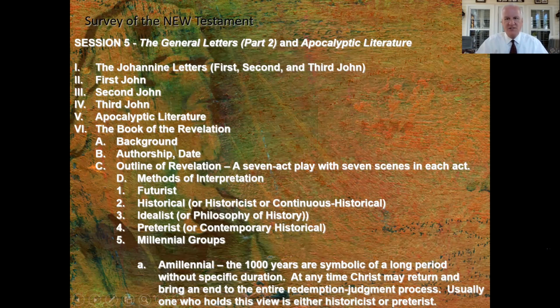redemption judgment process. Usually one who holds this view either falls into the historicist persuasion or the preterist persuasion. But basically the amillennialists are people who do not take the 1,000 years as being literal.